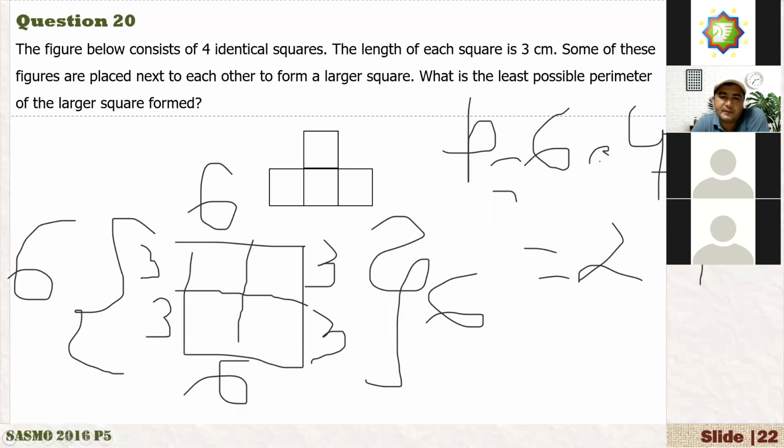Mr. Kazim, okay, we change the location of the figures. If it is 3 at the time 6, it will be 24. But it says the least possible perimeter.